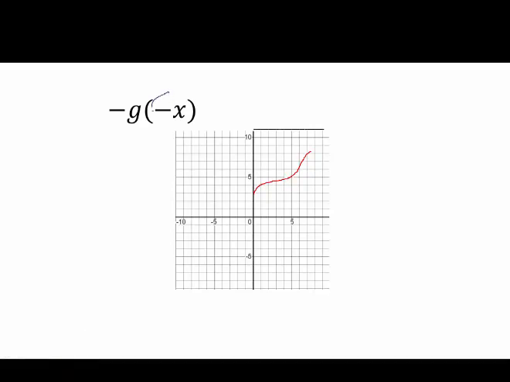So let's do the negative x first. What happens when you have g of negative x? What should I do with this? Anyone? Flip it to left. Yeah. So it'll be like that.